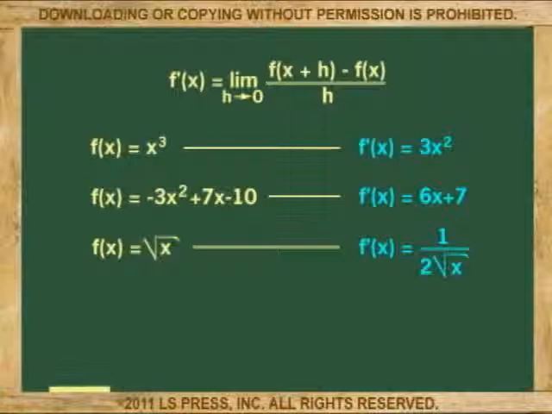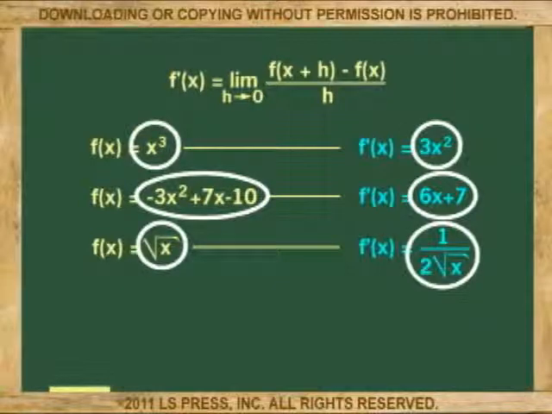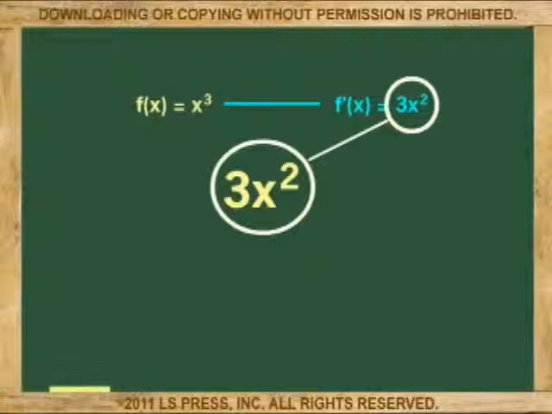Here are the results for the derivatives for each. If we examine the equation for before and after, notice that we could have done the same by just making the exponent of x a coefficient of x and reducing the exponent by 1. The exponent becomes the coefficient and we reduce the exponent by 1.